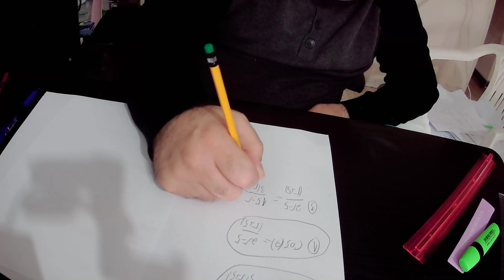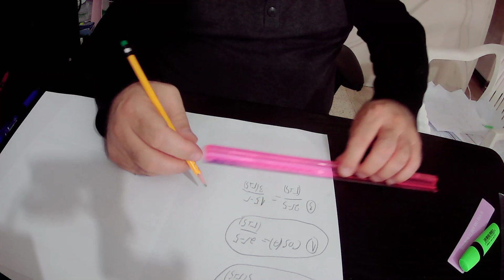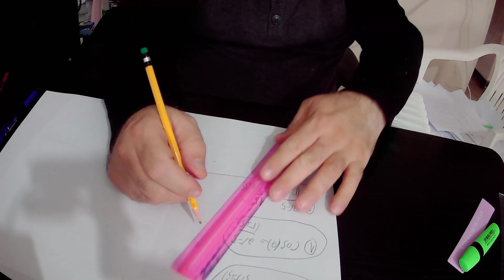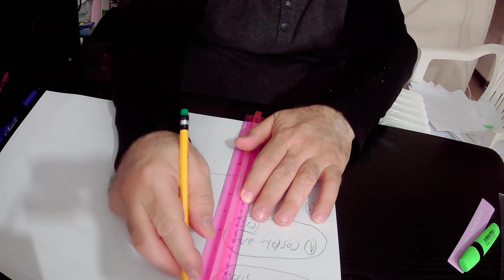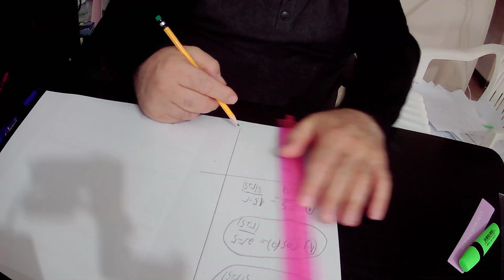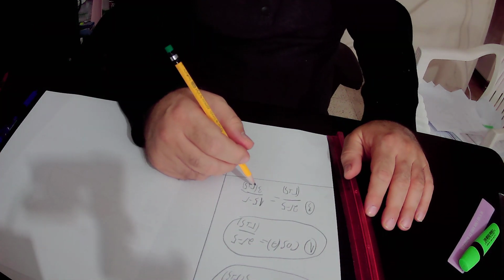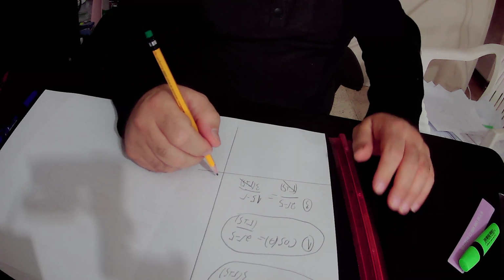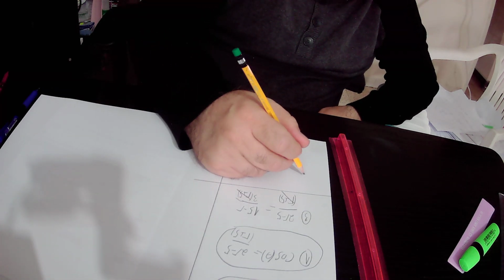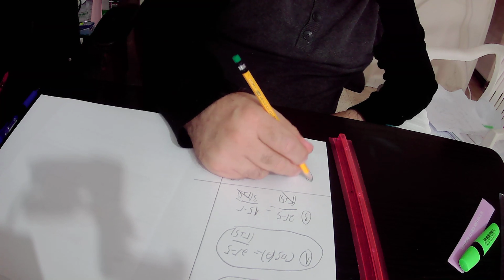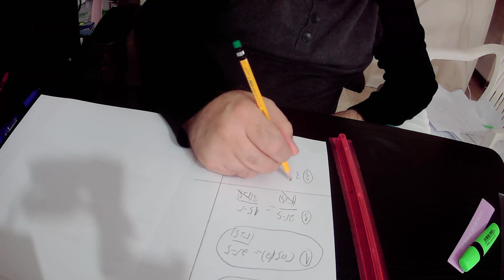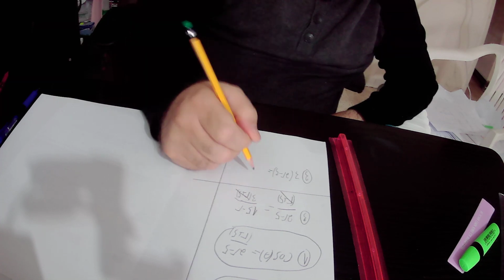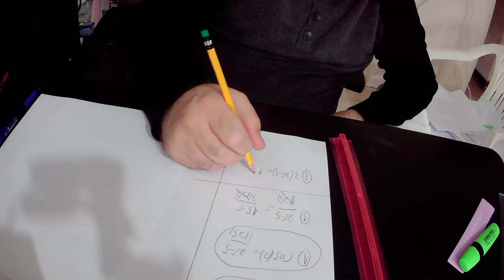Here we will multiply equation number 3 by r plus 5, so r plus 5 will get cancelled in the denominator. In the next step, we will multiply equation number 3 by 3, and we will get that according to equation number 3, 3 times 2r minus 5 equals 15 minus r.